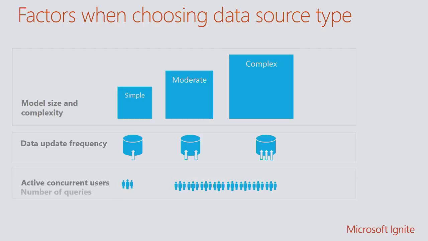Another thing to consider here is the number of active concurrent users that you plan to have. The thing to keep in mind is that if you do have an imported model in Power BI, we do in practice support a pretty large number of concurrent users. We call it low to medium, but in practice what we've seen is that you can have up to, I want to say, 100 to 200 users against the same dataset, against the same report, and it will do just fine.